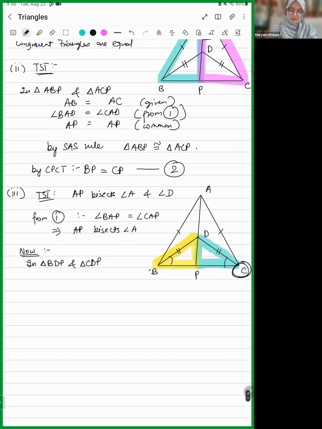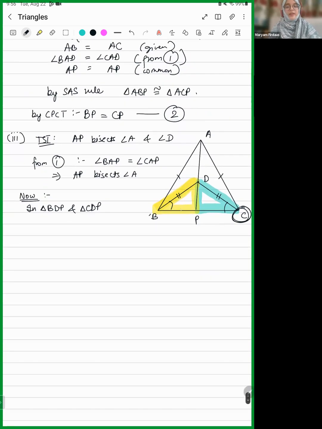All right. So now when we come to these two triangles, we have already established that BP is equal to CP. So let's write it. BP is equal to CP, because from equation 2. Then we have BD is equal to CD because it's given.